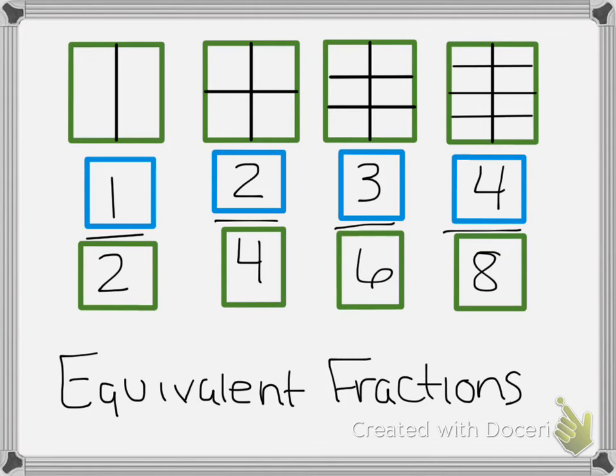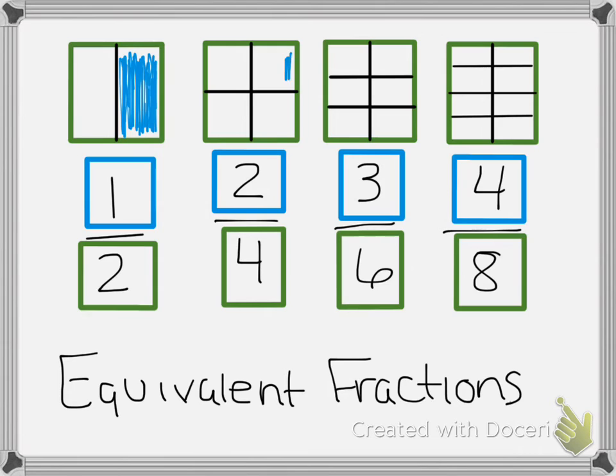So what I have up here are some visuals, and you will notice that I have 1 over 2 or 1/2. I'm going to go ahead and shade that in right now, just so I can visually understand what 1 over 2 or 1/2 looks like. And so I have that one. The next one to the right, I have 2 over 4 or 2/4.